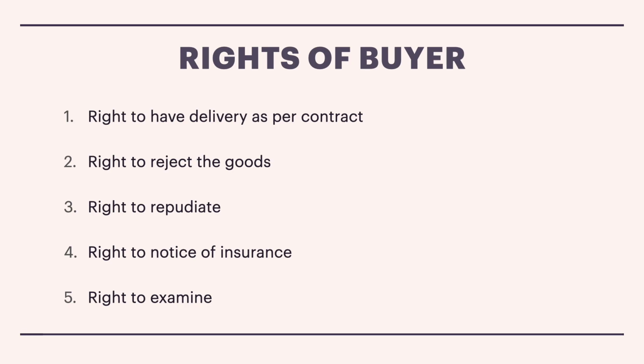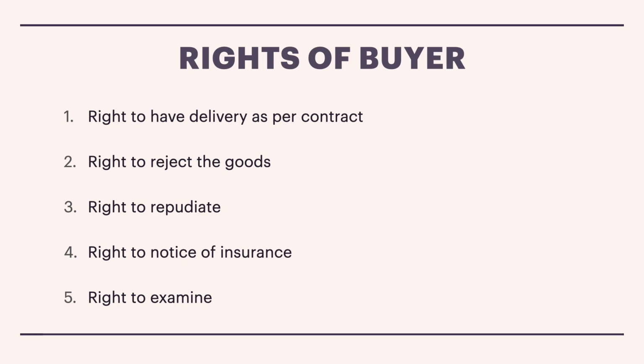The ship may get damaged, or the goods may get damaged in the water and everything is lost, because the buyer has already paid the consideration for the price. So the buyer has the right according to the act to be informed beforehand, and second, the goods must be insured, so that in case I lose them, I get compensation. The reason is that the buyer has already paid the price of the goods to the seller.